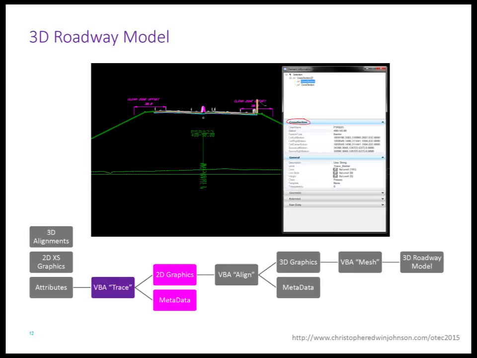So this tool essentially created a visualizable contiguous surface. And in the process, again, I automated the exploitation of all that metadata that was attached to the GeoPack cells themselves.